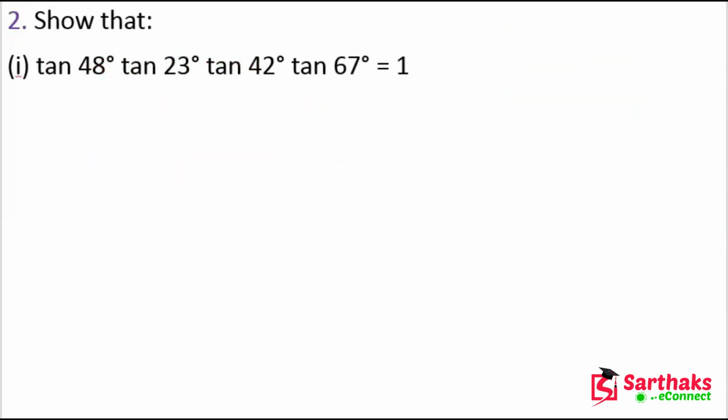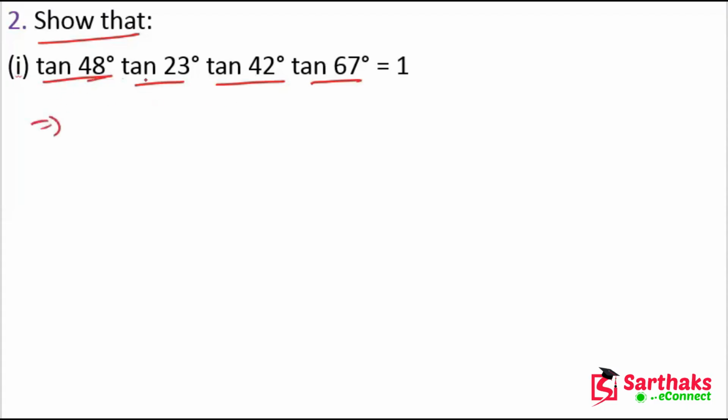Now the next question is, show that tan 48 degree into tan 23 degree into tan 42 degree and tan 67 degree is equal to 1. For solving this type of question, first of all we have to make the complementary pairs. If we add 48 and 42, this will become 90 degrees.